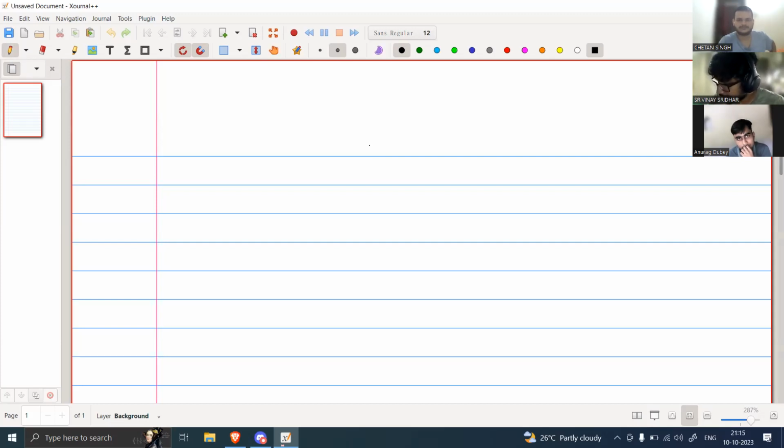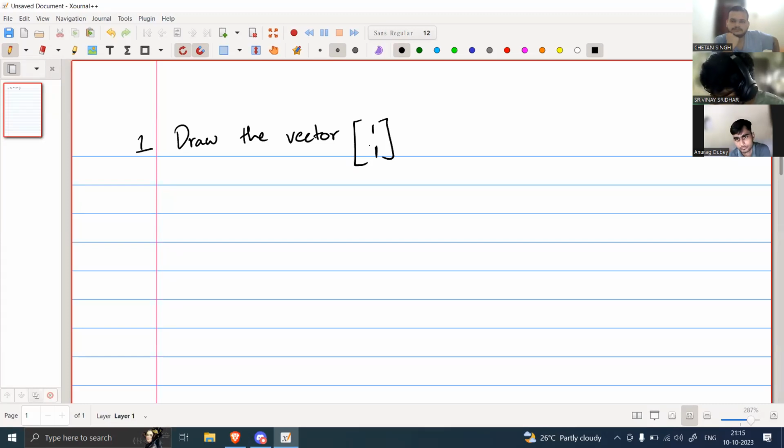So the first question asks us, we drew the vector (1, 1), and now we want to find the vector perpendicular to this.